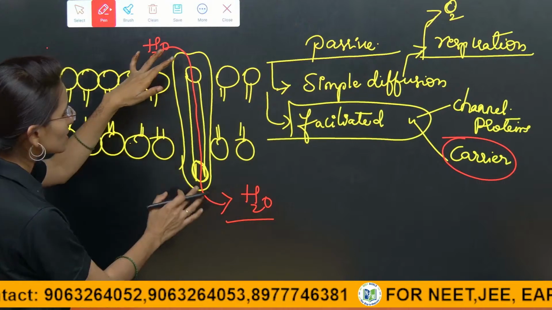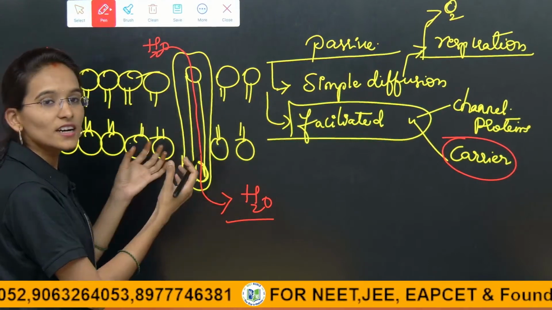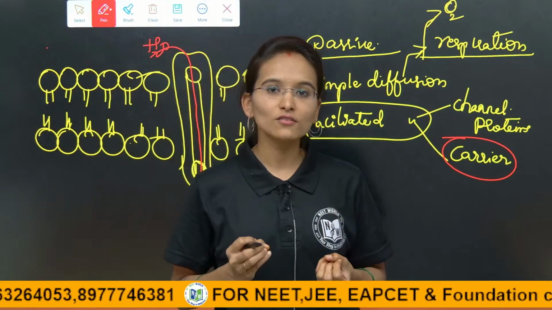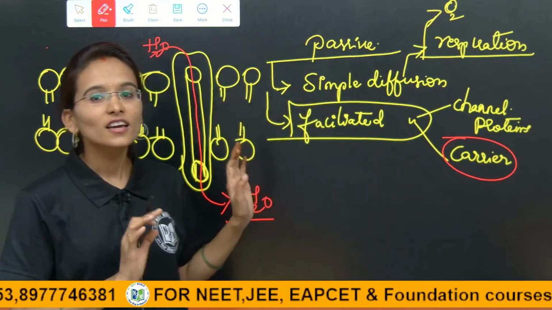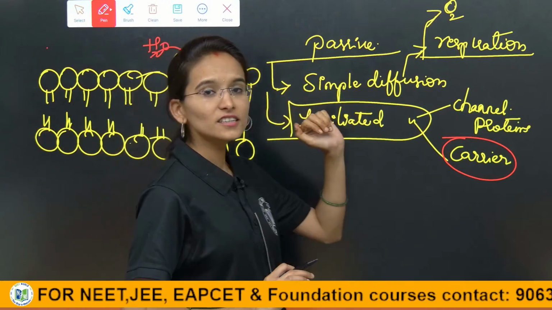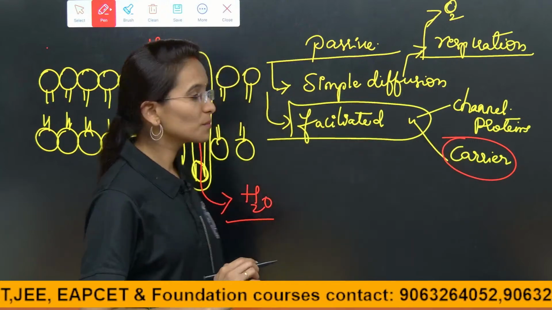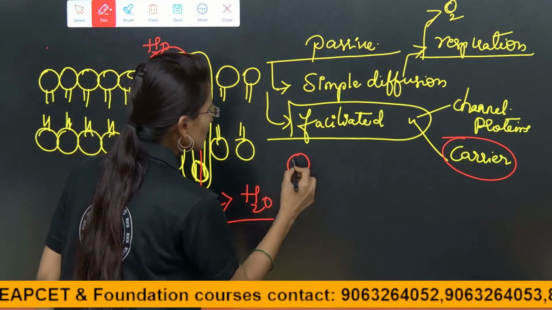Now just look at this simple structure where a channel is involved in taking the solvent from the outer cell environment and distributing it to the inner cell environment. This is facilitated diffusion. Next we will see carrier proteins. So in carrier proteins, what happens?